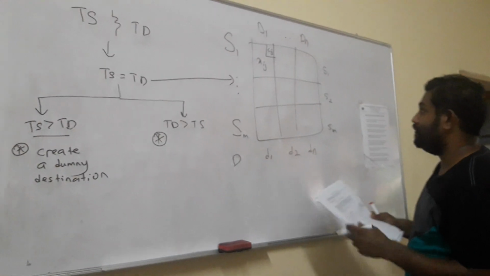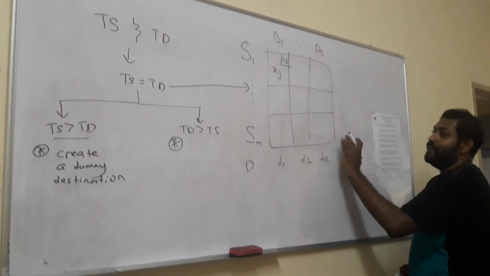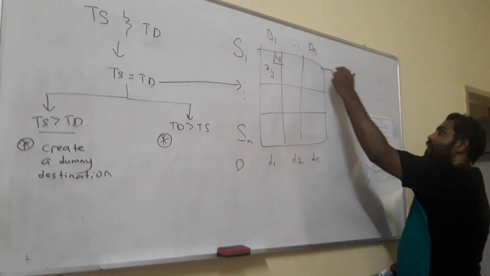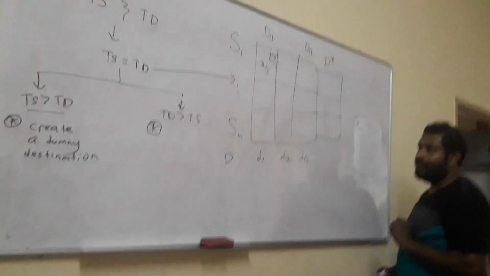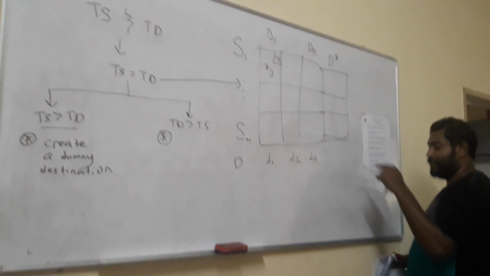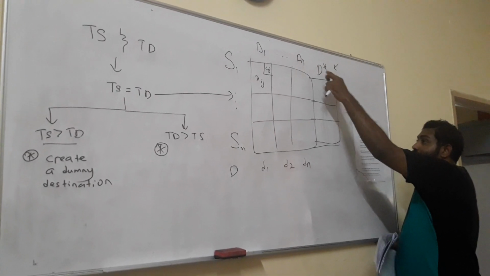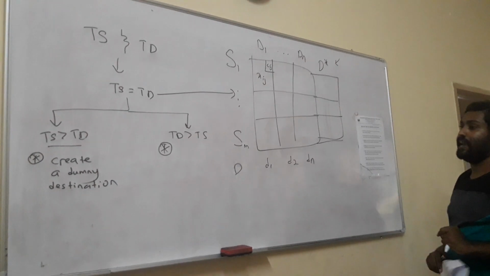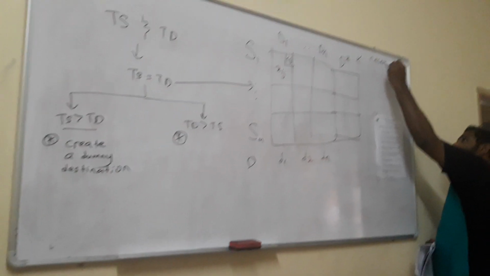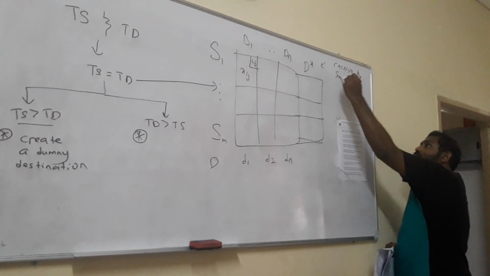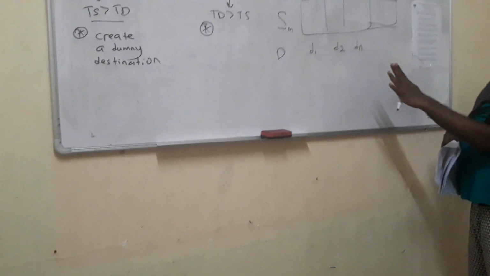We're going to use the same tableau, and we're going to add another dummy variable of demand, making sure the total units balance. We add another column, T star, or dummy destination, in order to receive the surplus of supply. This is for the case when total supply is more than total demand.